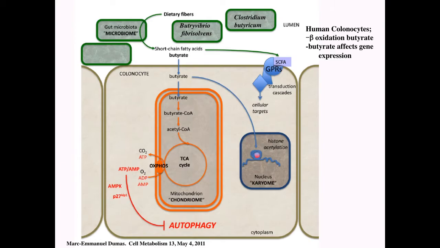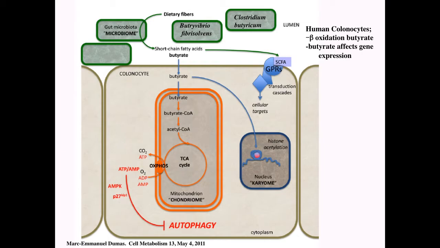bacteria. Scientifically, the way this works is that butyric acid coming from the colon, fermented from fiber, actually is the main energy source for colonocytes because it feeds directly into the mitochondria. So what's being burned in most colonocytes is not glucose coming from the blood system, it's butyric acid. So beta oxidation.